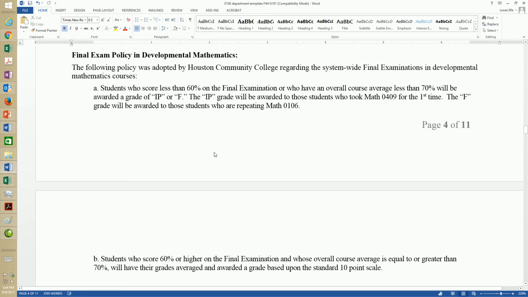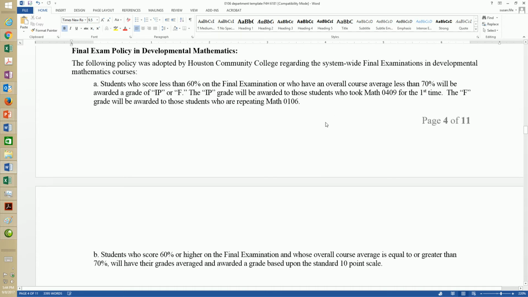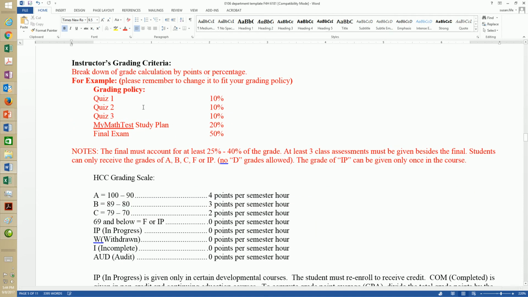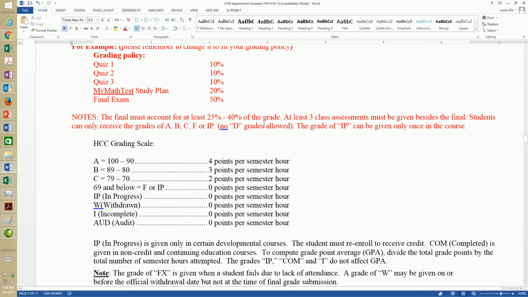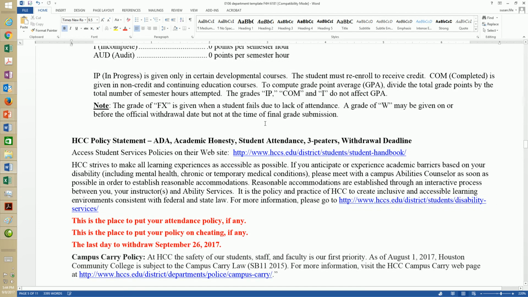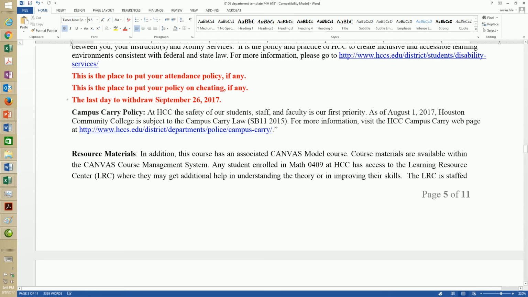And then this is our typical grading. Students have to score 60 on the final and 70% overall to get a grade of A, B, or C. If you want to, you can change those percentages, but these match what I have up higher. And that's essentially the syllabus. Last day to withdraw, September 26th.